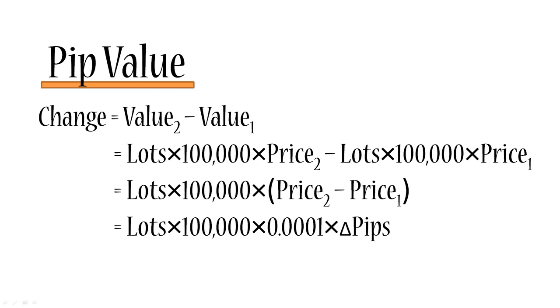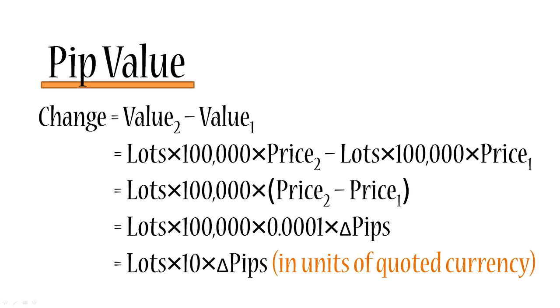And we know that regardless of whether we're using a 4-digit or 5-digit broker, a pip is always 0.0001. So here we're replacing price 2 minus price 1 with delta pips times 0.0001. And next, we multiply the 100,000 by 0.0001, which gives us 10. So the change in value is always equal to lots times 10 times delta pips and is measured in the units of quoted currency.